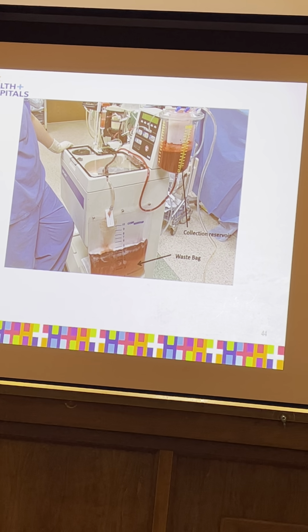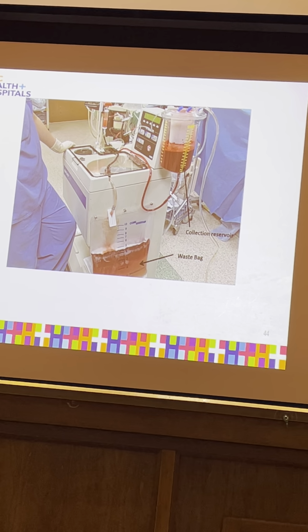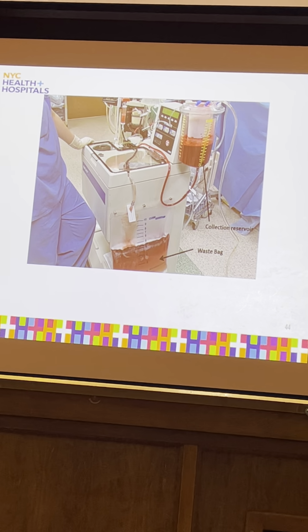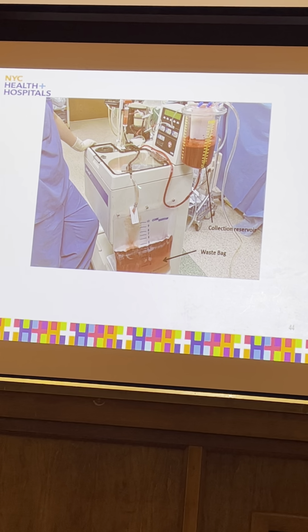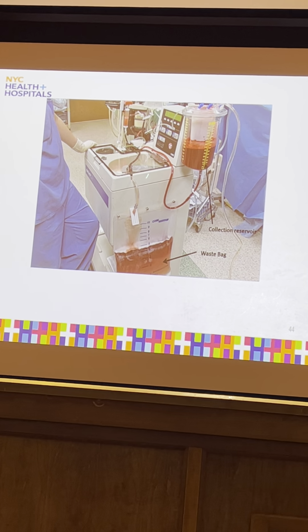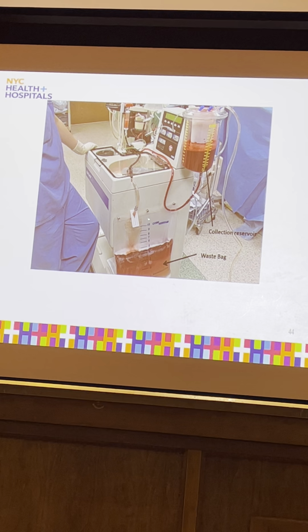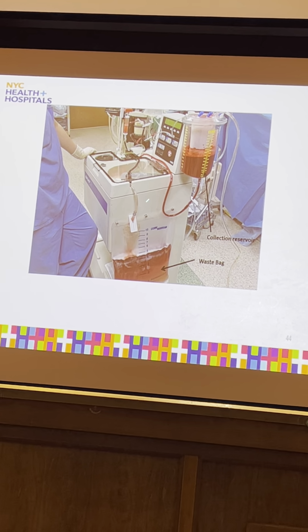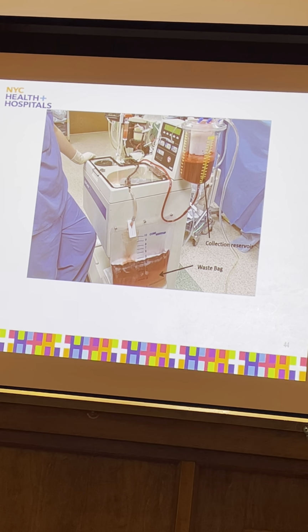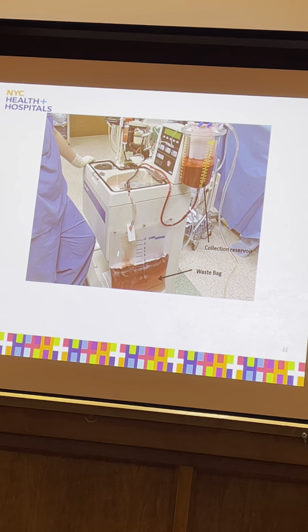As you can see here, when blood is collected from the patient, the reservoir here is suctioned up into the centrifuge. The centrifuge spins it down and forms a packed gradient, right? You have the plasma on top and packed cells at the bottom. Saline or lactated Ringer's is introduced to mix it, and then the waste bag is here.